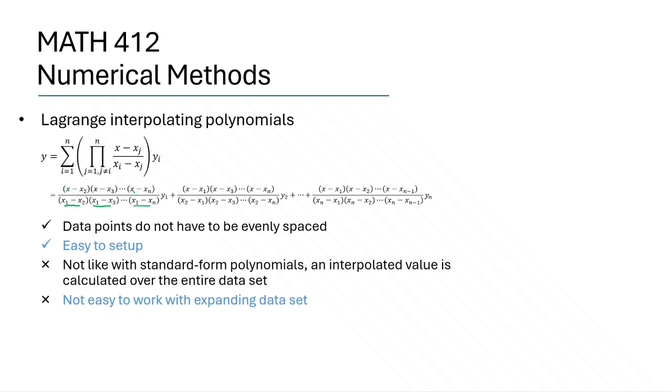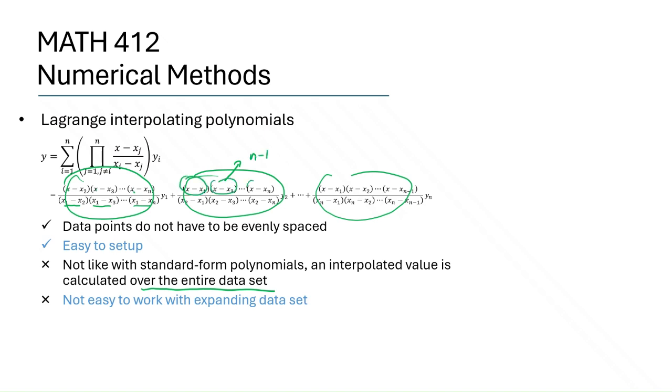And the calculation is over the entire data set. Each term, you have n minus 1 subtractions and n minus 2 products to find the products.